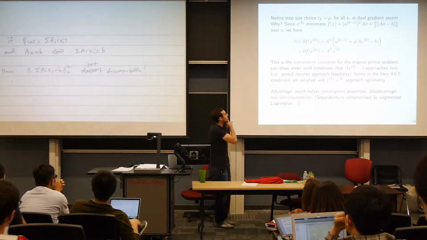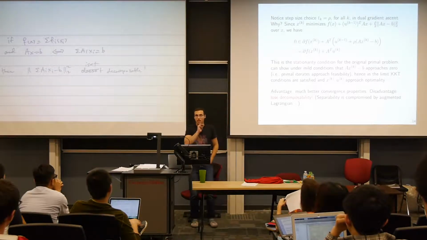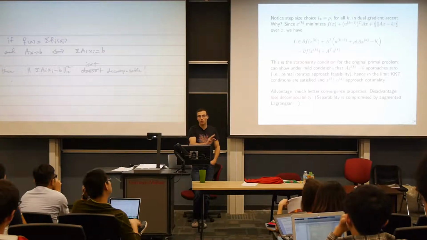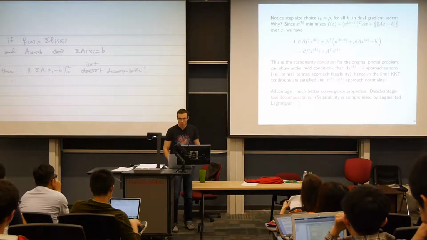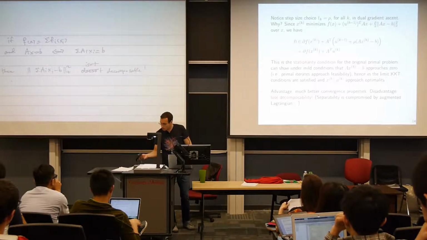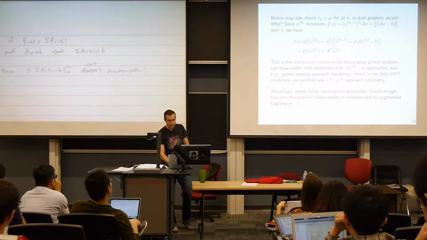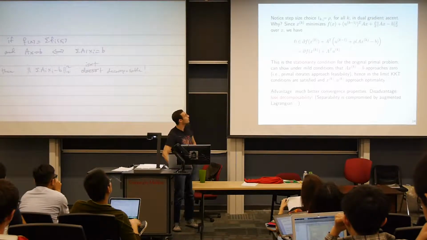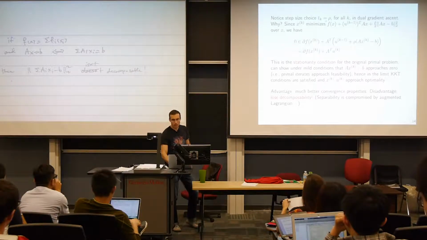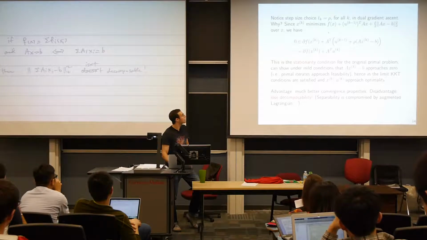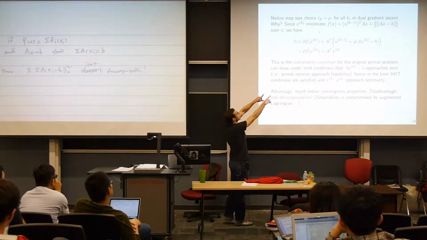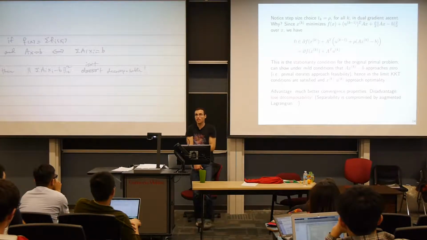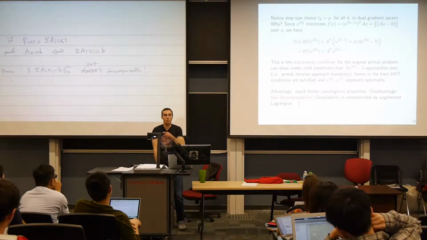So why do we choose the step size to be rho? Let me say that first, because we're going to very quickly move on from augmented Lagrangians to something else called ADMM, but I want to motivate this choice of step size rho first. It could have been t_k at the kth iteration, but I'm calling it rho. It was chosen because under that choice of step size, our variables x and u at the kth iteration are going to satisfy the stationarity condition for the original problem.